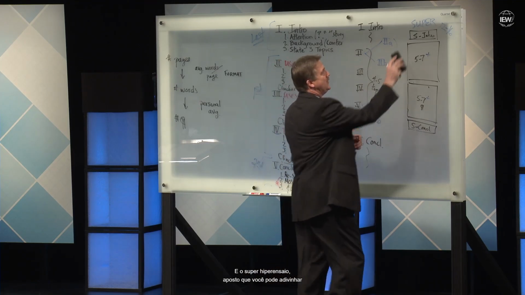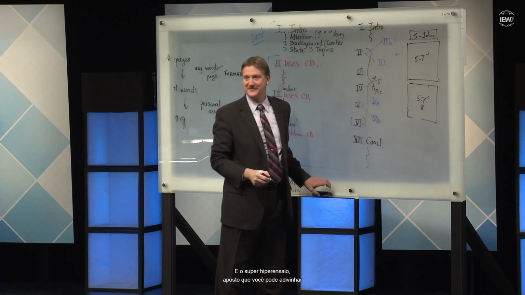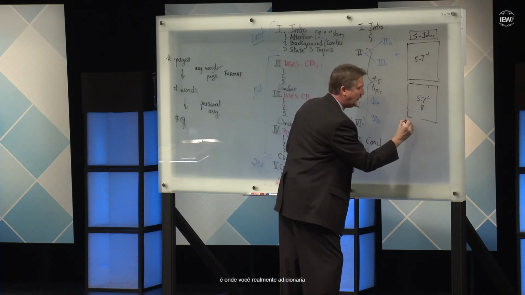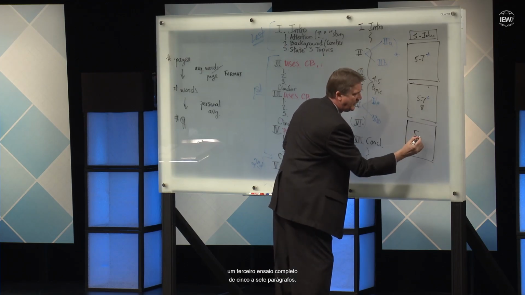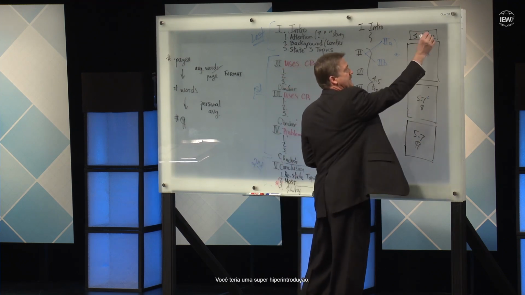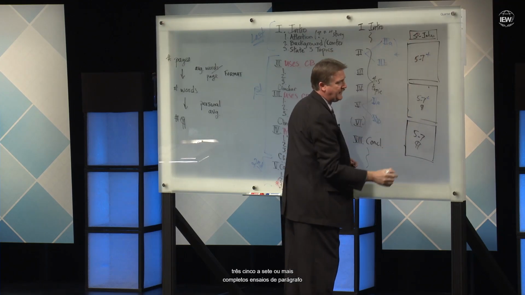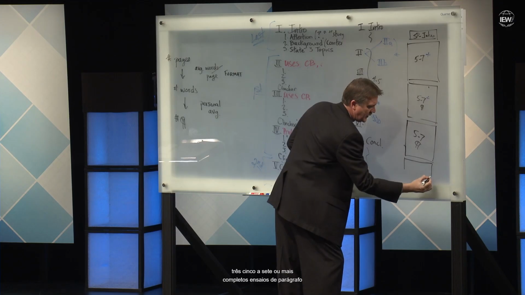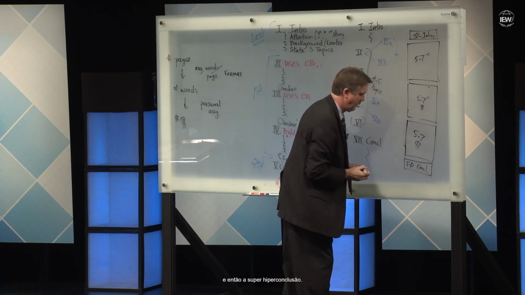And the super duper essay, I bet you can guess, is where you actually would add in a third entire 5 to 7 paragraph essay. You'd have the super duper introduction, 3 full 5 to 7 or more paragraph essays, and then the super duper conclusion.